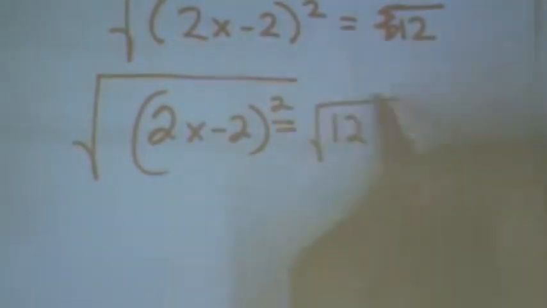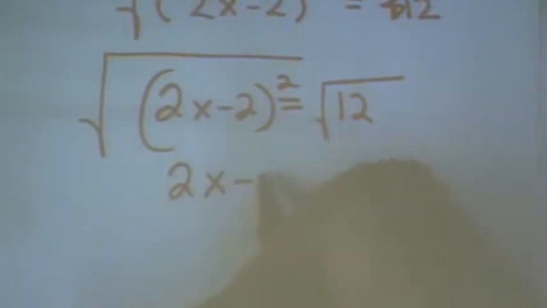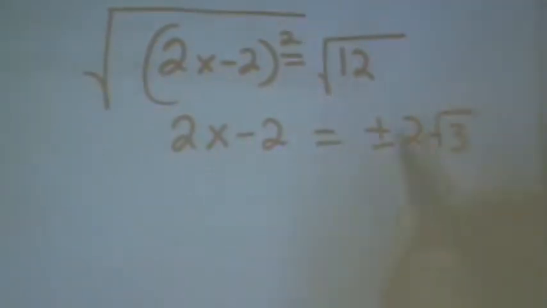Okay, what would you do now? Square root, whoops, 2x minus 2 equals 12, there. Okay, then square root of both sides. You get 2x minus 2 equals plus or minus 2 root 3, then what?